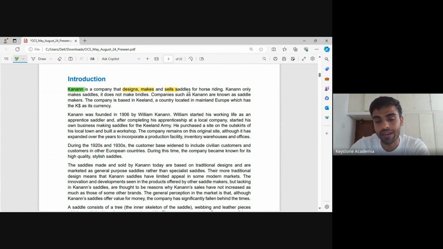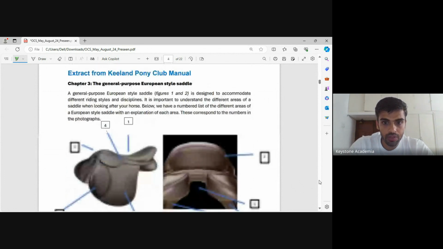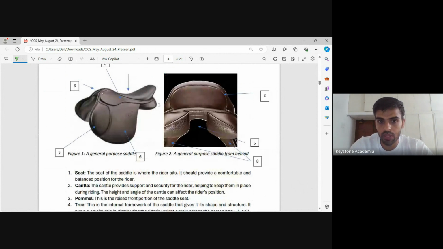So saddles, in simple words, I would say are a kind of seating arrangement on the horse, like a seat on the horse. Because normally on the back of the horse, if you have ever sat, it's a little uncomfortable. Once we put a saddle, it becomes quite easy to get a comfortable seat. They might have given a lot of pictures here. This is one of them.